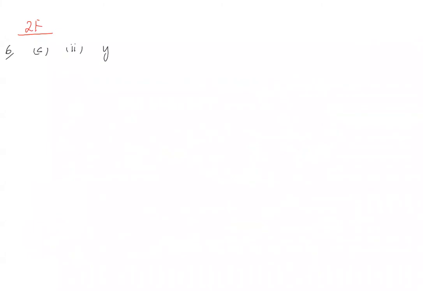Okay, y equal to 8 times 10 to the power of x. So what I need to do is, the 10 I change to e to the power of ln 10. Are you okay? Yeah. Or if I don't want, I will use this formula.